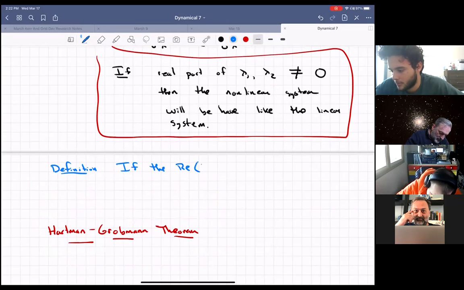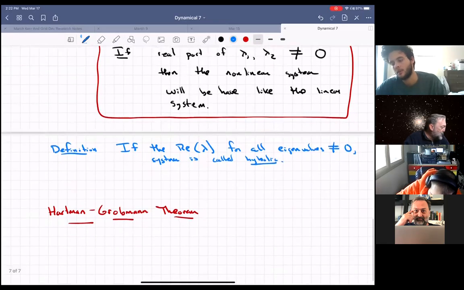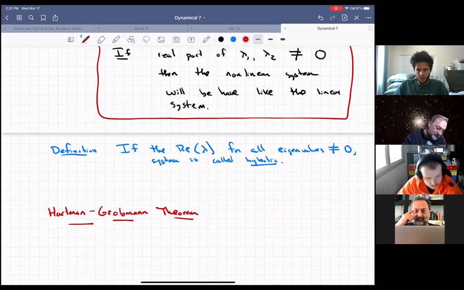If the real part for all the eigenvalues is not 0, the system is called hyperbolic. So a hyperbolic system is a system that has non-pure imaginary eigenvalues.